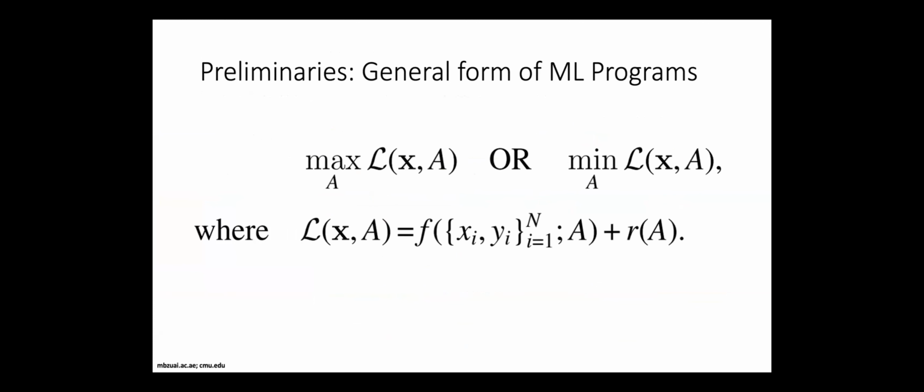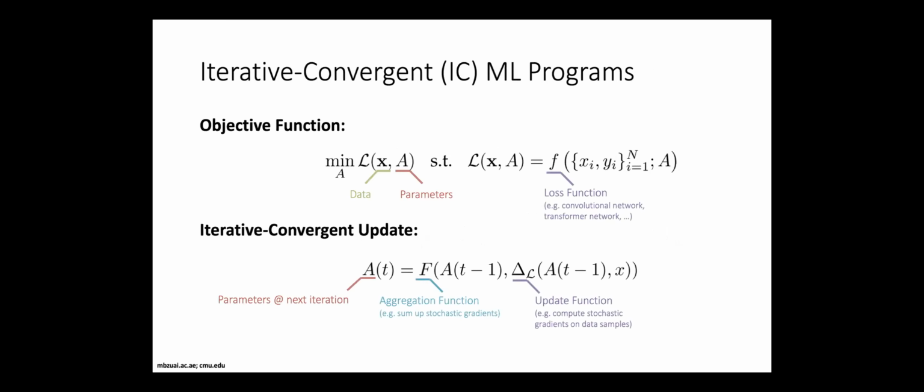We are basically dealing with machine learning or artificial intelligence programs that take the form of a maximization or minimization of a loss function over data X and model parameters, which we denote A throughout the first part of this tutorial. Next slide. These optimization problems, when coupled with an optimization algorithm such as stochastic gradient descent, give rise to an iterative convergent update function, which is at the bottom of the slide.